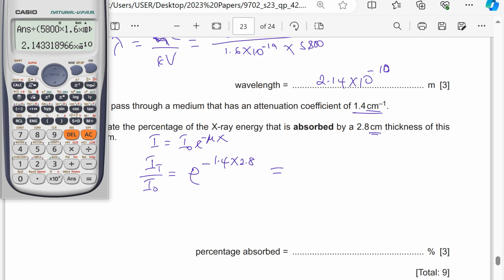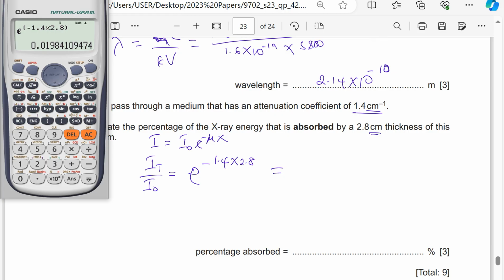So e power, I'll put a bracket, negative 1.4 times 2.8, close the brackets.